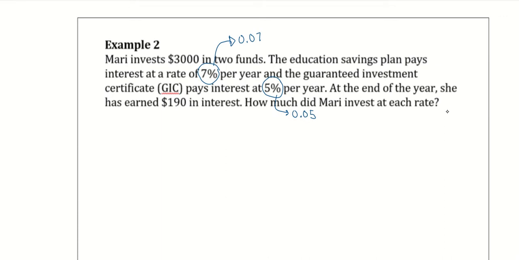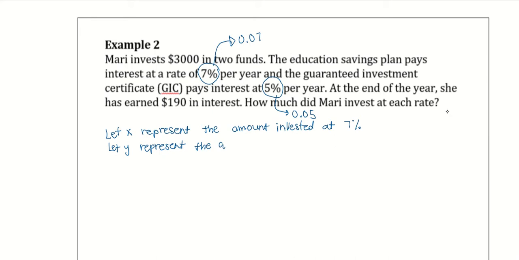First thing I'm going to do is just create my let statement. So I'm going to say let x represent the amount invested at 7%. And I'm going to let y represent the amount of money invested at 5%.